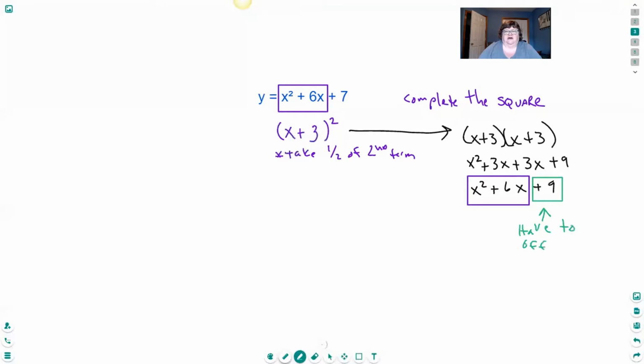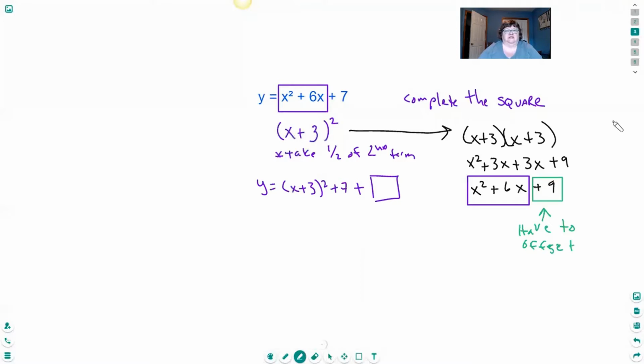Now, how I'm going to do that is I'm going to take the opposite. So, okay, here's what we're going to do now. So I have y equals x plus 3 squared. I still have the plus 7, plus I have to add something on to offset this little bit of extra I got when I completed the square. So I got an extra plus 9.